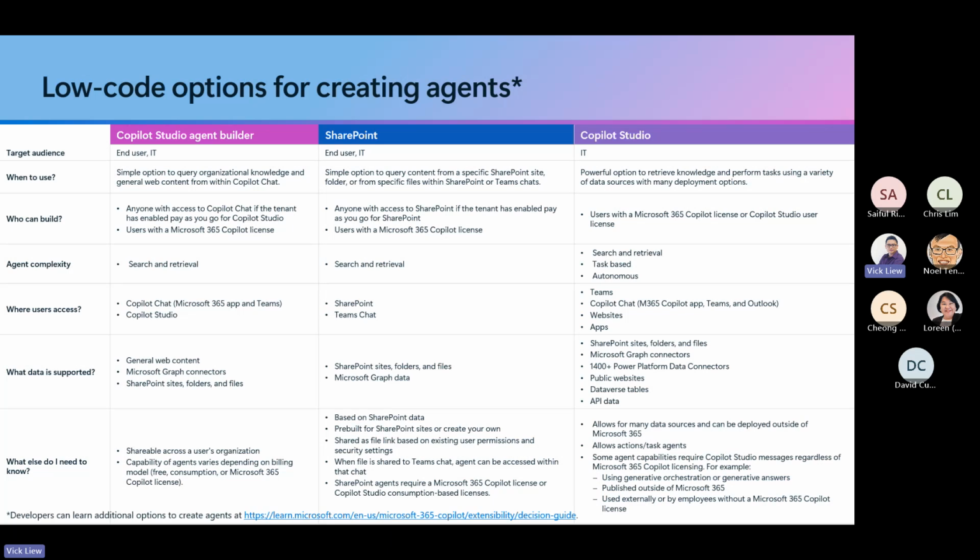Standard, you all have it, but you can only use SharePoint connectors and so on. For more than that, you need to pay for a premium license for Power Platform. Inside SharePoint, you can also create an agent and share it out to use, for specific agent tasks. It depends on what kind of data we are connecting to the agent. So you can see this low-code option for creating agents.